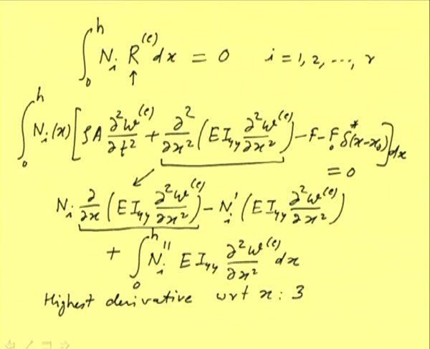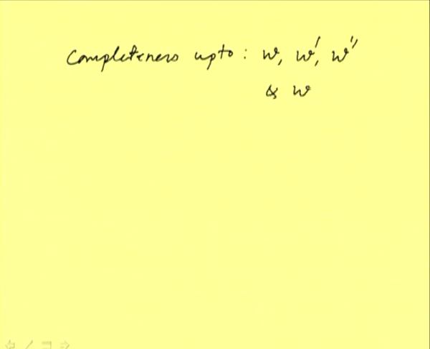So, we require the completeness up to w prime, w double prime and w triple prime. These primes represent derivatives with respect to x. So, you can see that a cubic polynomial will be able to satisfy this completeness condition.